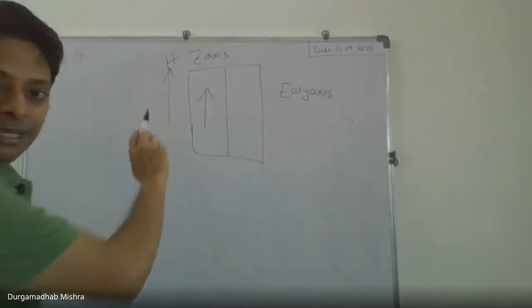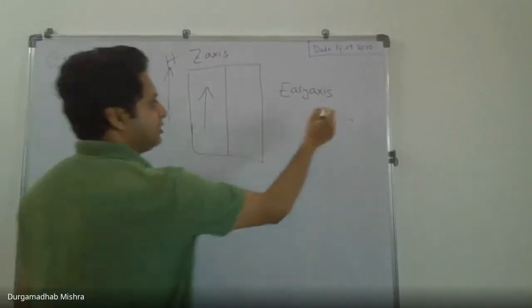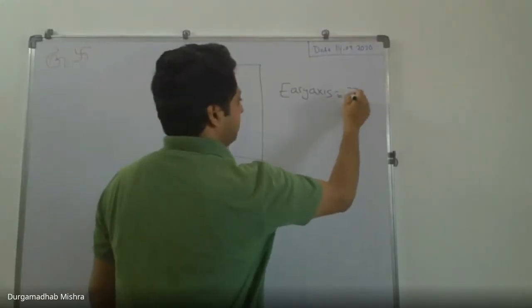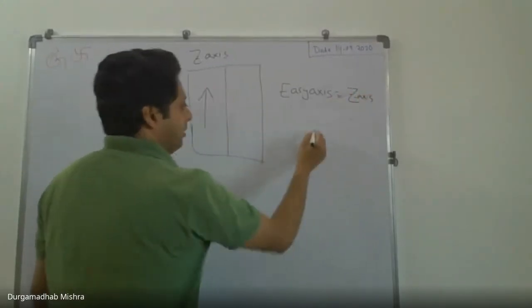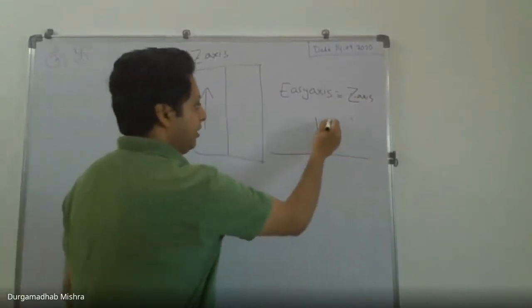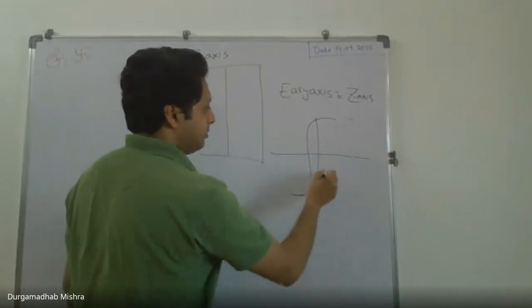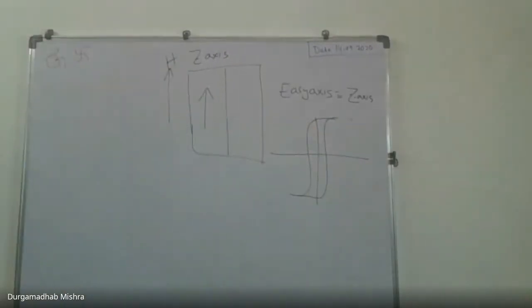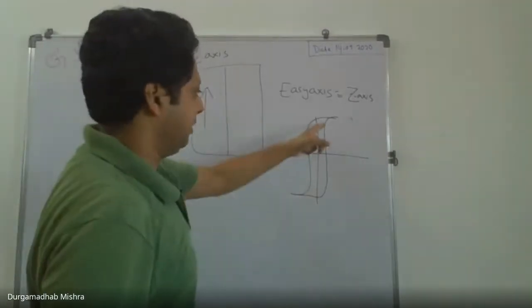I am applying a field along the Z axis, and my easy axis is the Z axis. I do a hysteresis measurement, and I will get something like this.